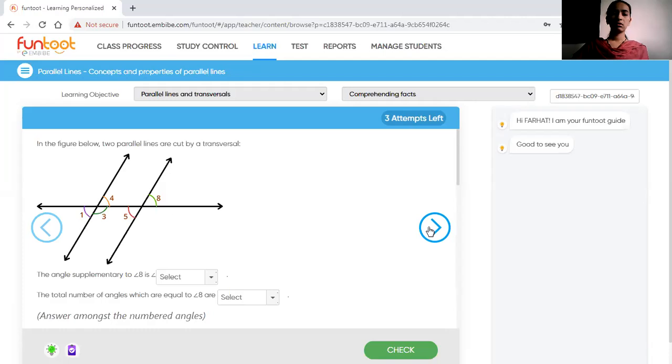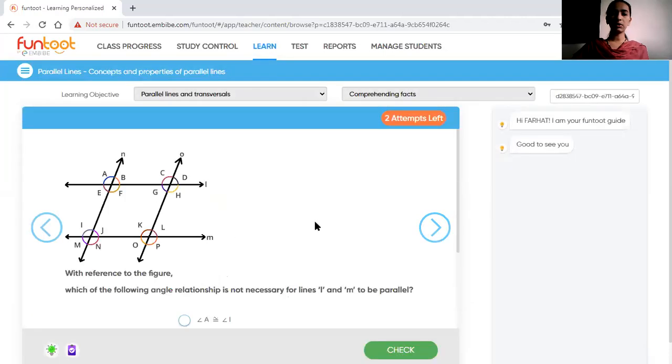Okay, now let's take another example. You can see the figures are there. Here the two lines are parallel, horizontal, vertical also, and each line is transversal to another two lines. Okay, students?